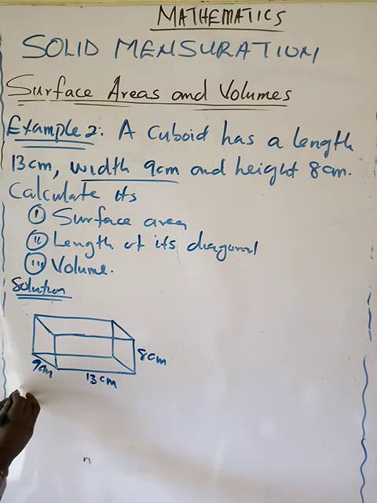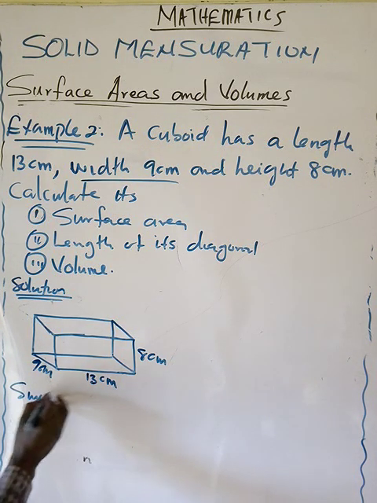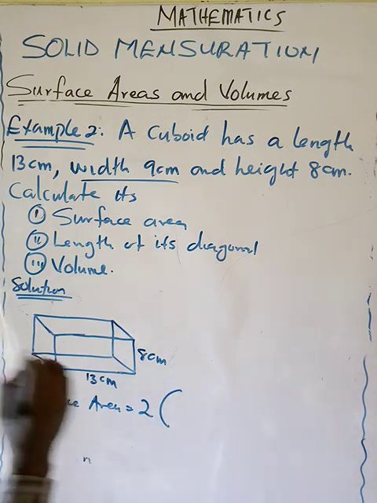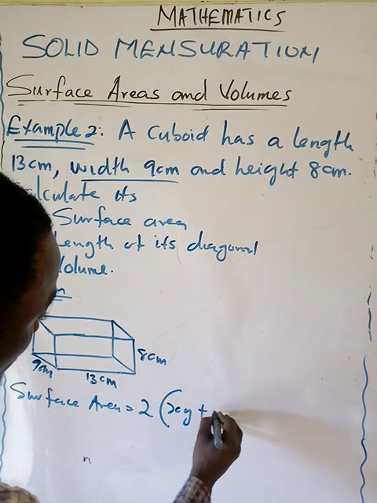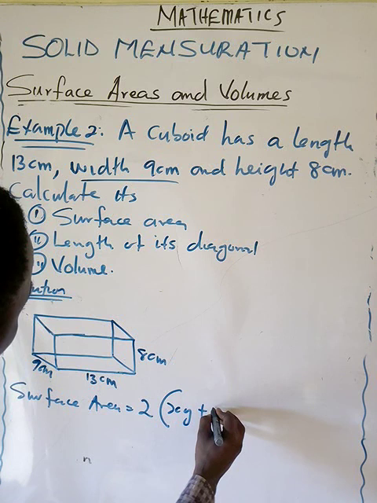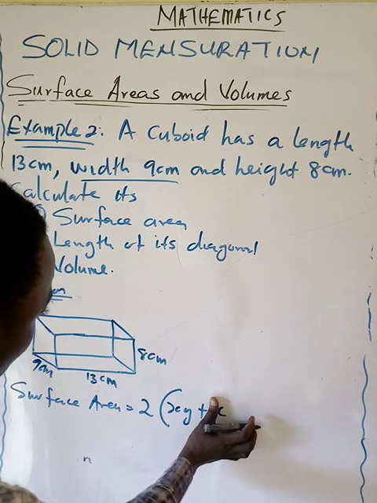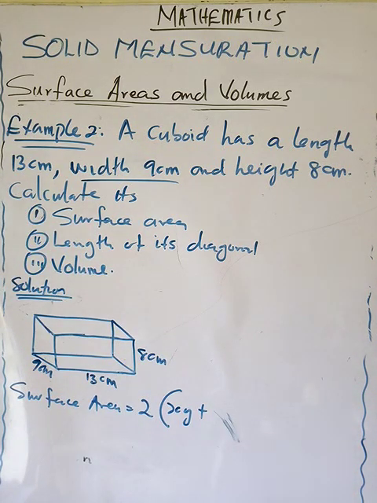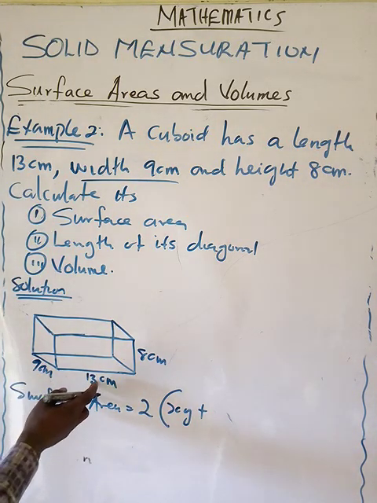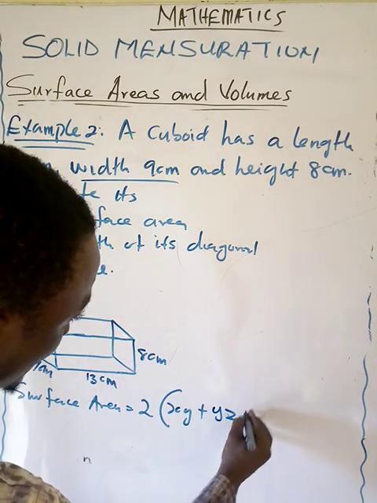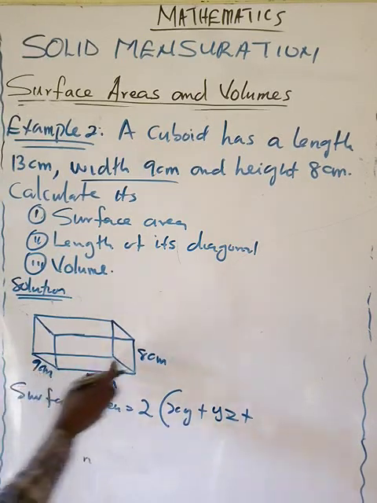To calculate the surface area, it equals 2 into bracket of our formula: xy plus yz plus xz.